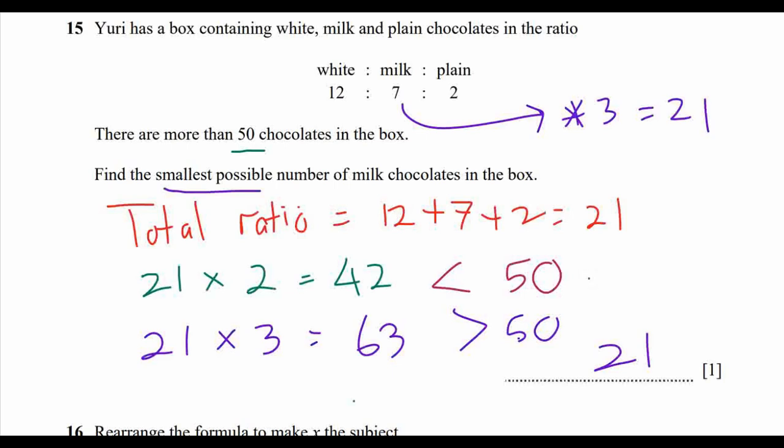Since we want more than 50, we times the total ratio by 3 and we get 63. This is more than 50. So the smallest possible multiplier is 3. So milk chocolate is 7 times 3, so we got 21.